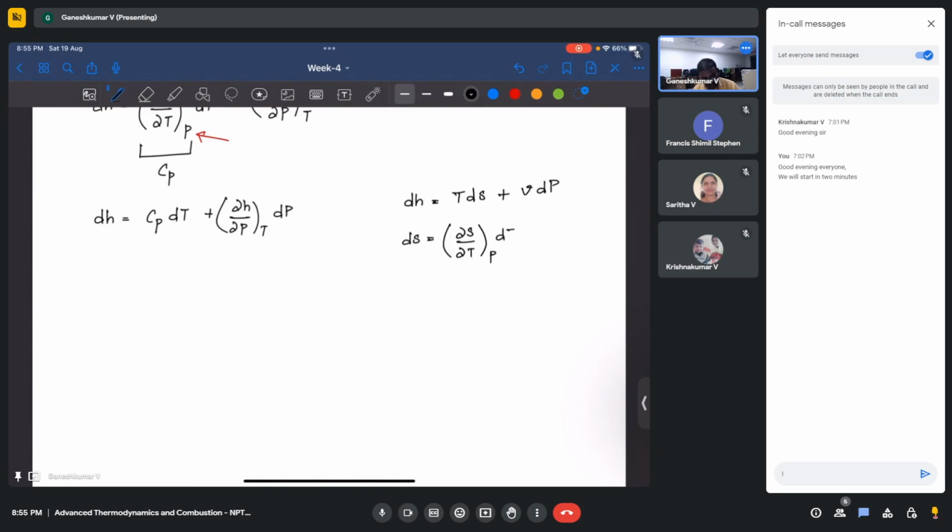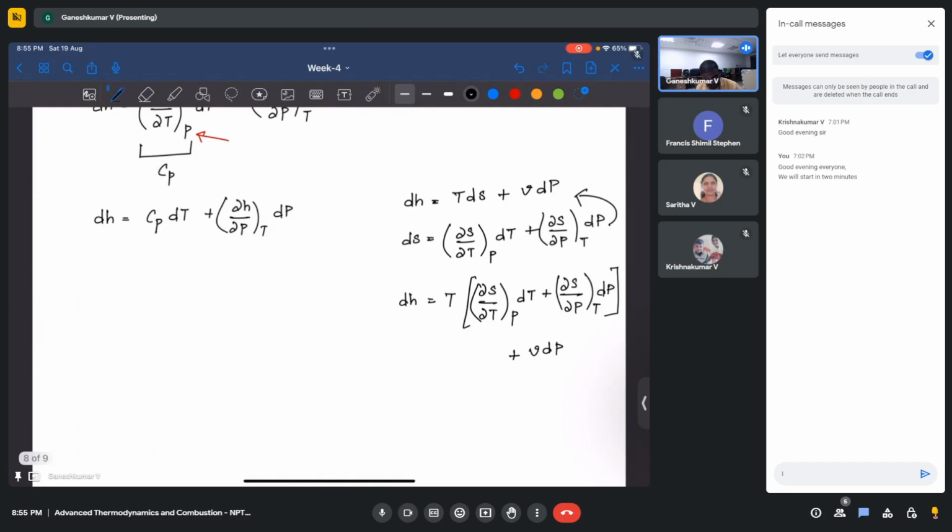So let's substitute it here. dH is T times ∂S/∂T at constant P dT plus ∂S/∂P at constant T dP, and then we have additionally V dP.